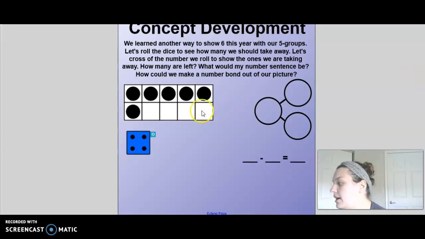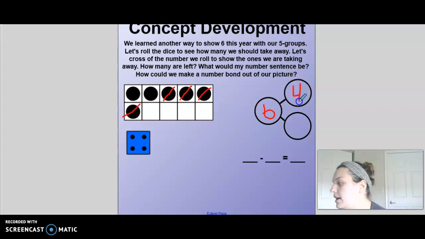All right, let's see if you got your last one. So we have 1, 2, 3, 4, 5, 6 again. And it's telling me to take away 4. So I'm going to take away 1, 2, 3, 4.